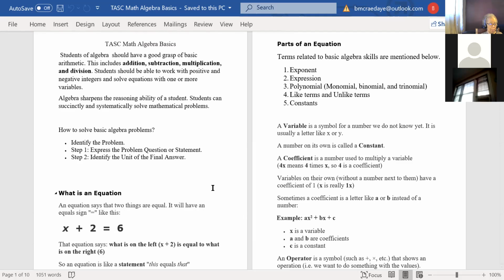Algebra is really a thinking process. You don't have to memorize formulas. It's just the way you think to relate items together when sometimes you don't know the value of the item. That may be something you're solving for, and that's where the equation comes in, where you set variables and numbers equal to variables and numbers.